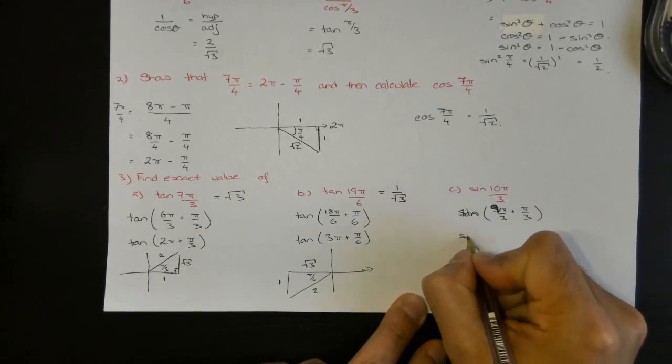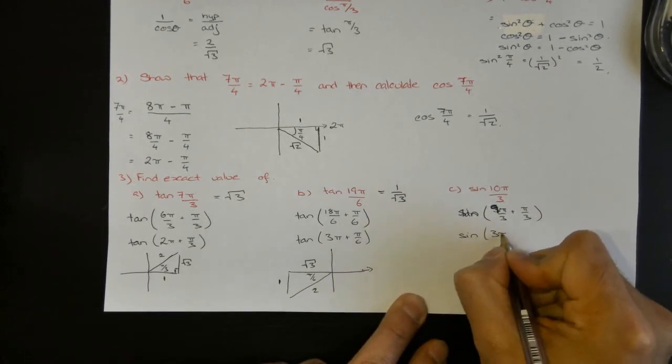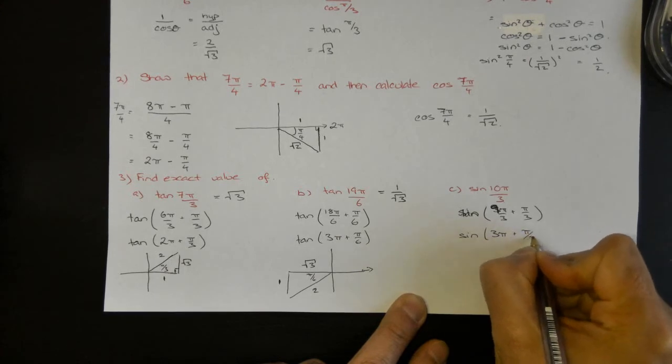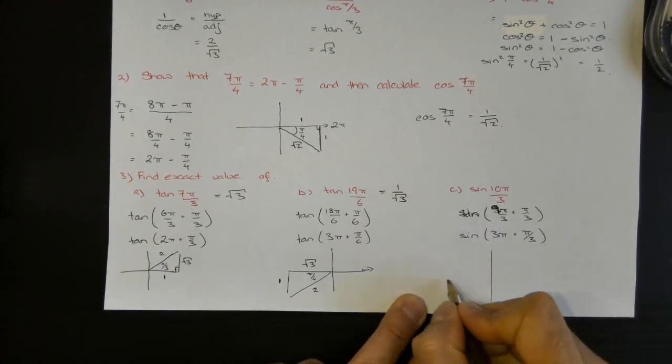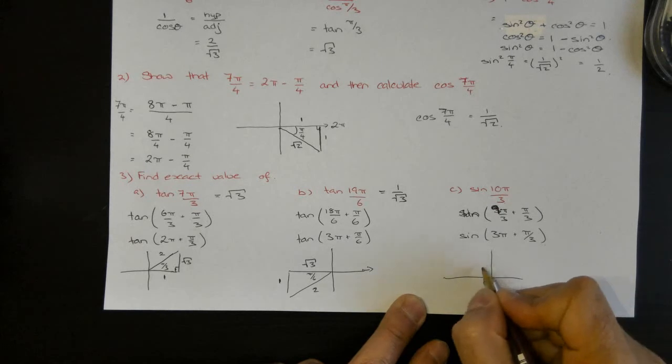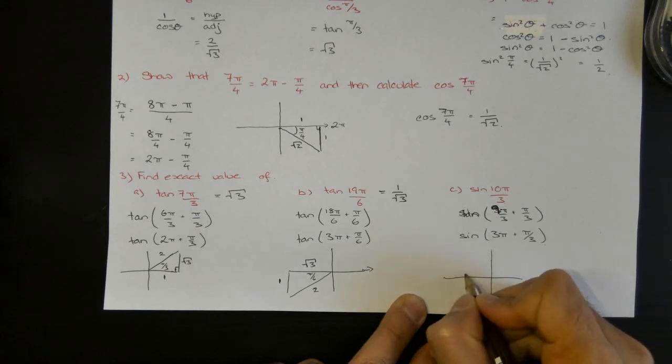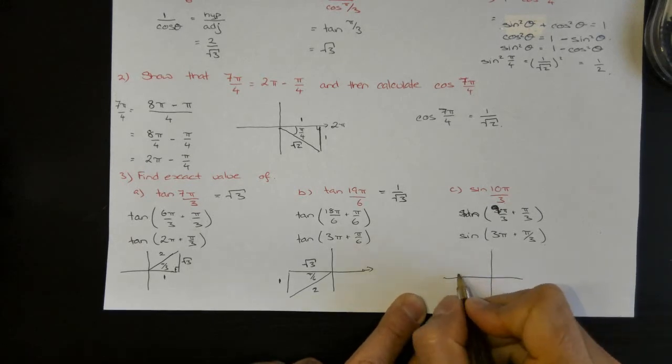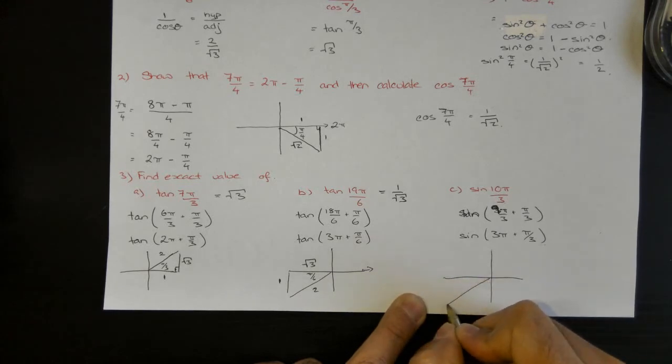So that would be sine of 3 pi plus pi on 3. Once again, 1 revolution is 2 pi, another half is pi, so that's 3 pi, and then we're going to add pi on 3.